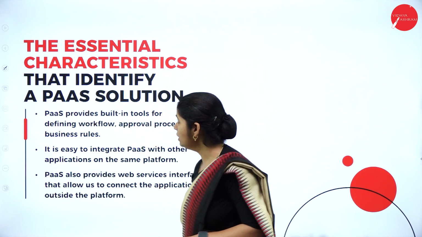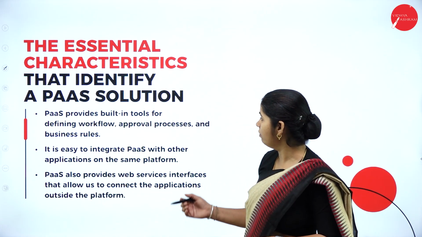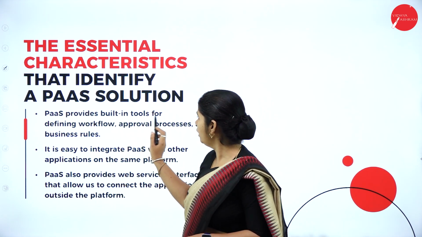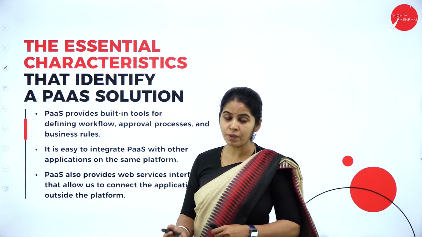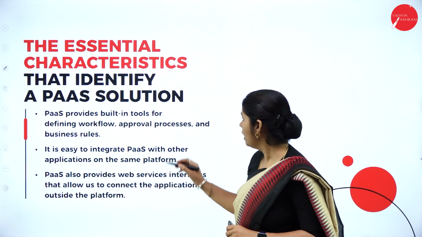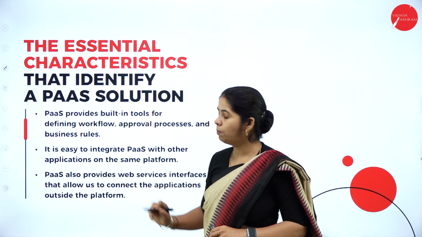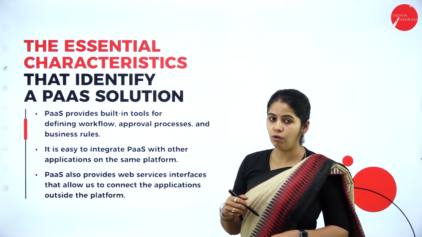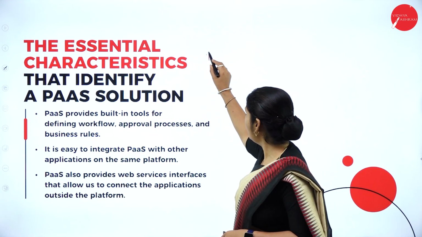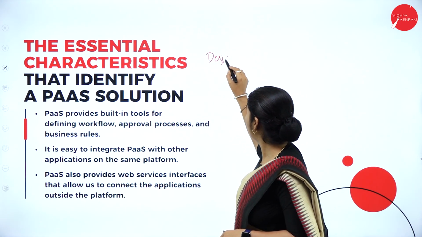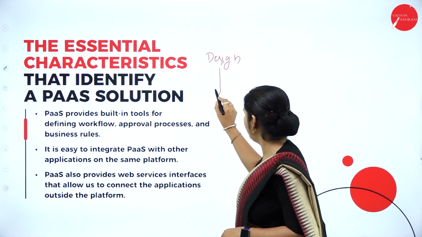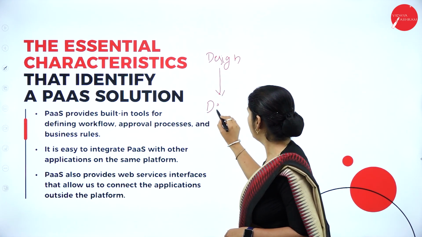Okay. Next, in the characteristics, PaaS provides built-in tools for defining the workflow, the approval process and the business rules. How will the workflow be? First, we have to design. Then after design, we have to develop.